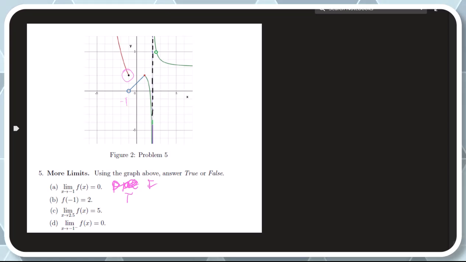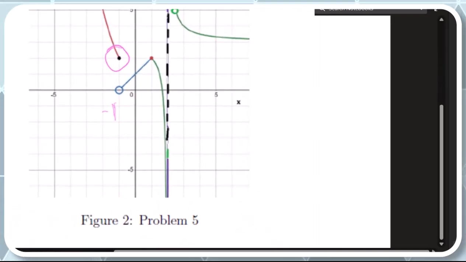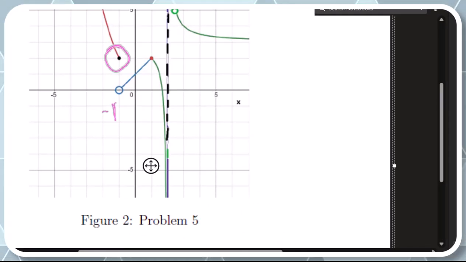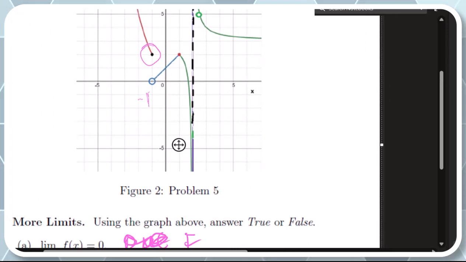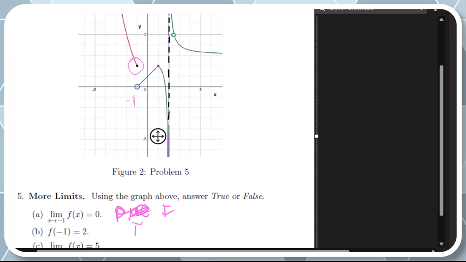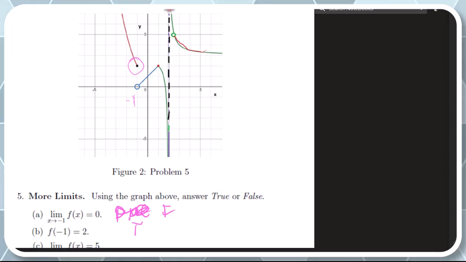The limit as x approaches 2.5 of f of x equals 5. So here's 2, so 2.5. Okay, that's where that open circle is. As I travel along the graph, getting closer to 2.5, what would the y value be when I get to 2.5?